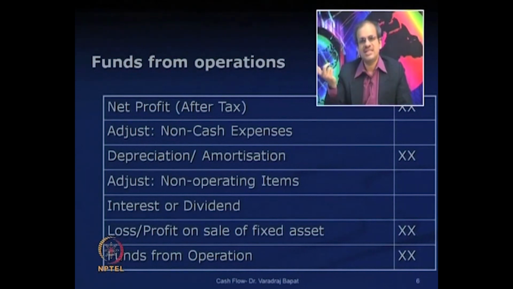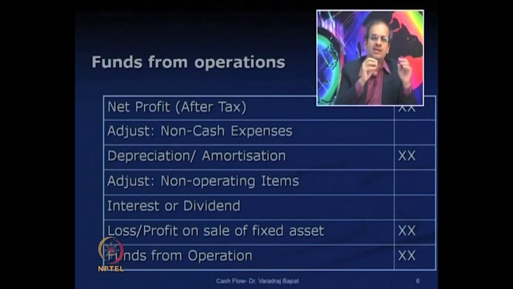Now, this is how funds from operations is calculated. If you compare it with a cash flow statement, in cash flow statement we used to calculate the cash from operating activities. This is very similar. Here we are calculating funds from operations.